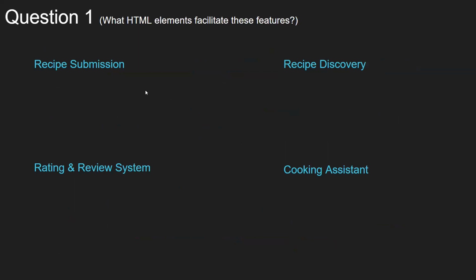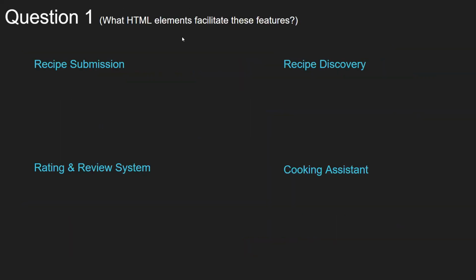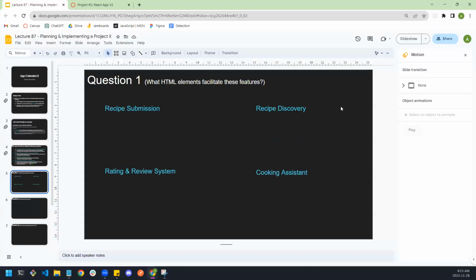So the first thing we're going to think about, question 1, is what sort of features are expected in terms of form, input, and content. And so now we're going to answer that first question here. What HTML elements facilitate these features? This is where the screenshot comes in.